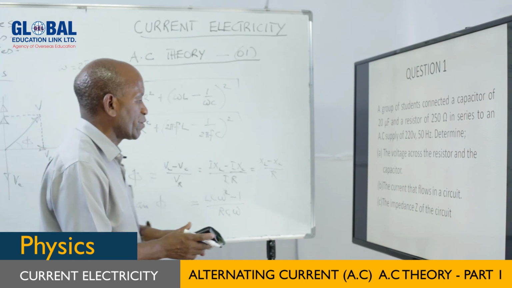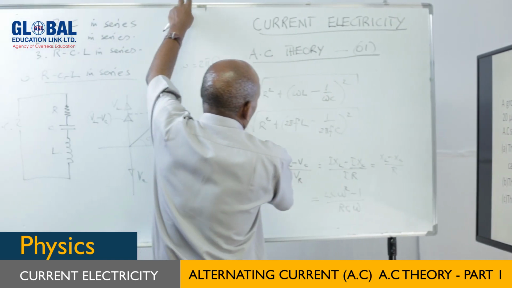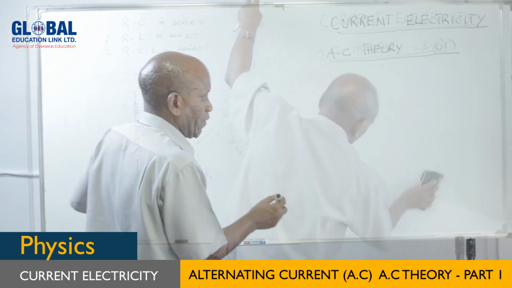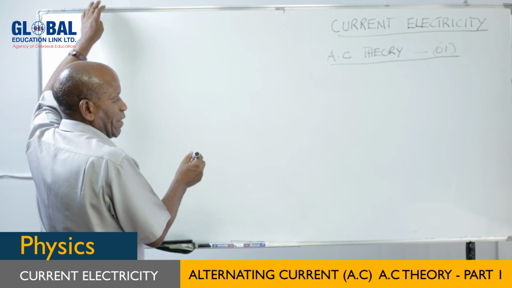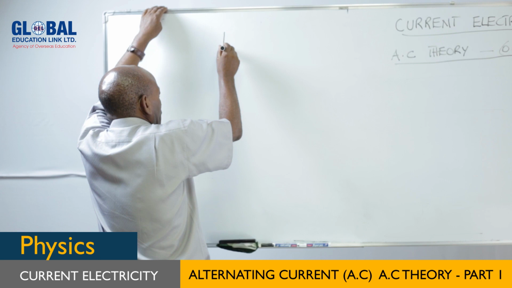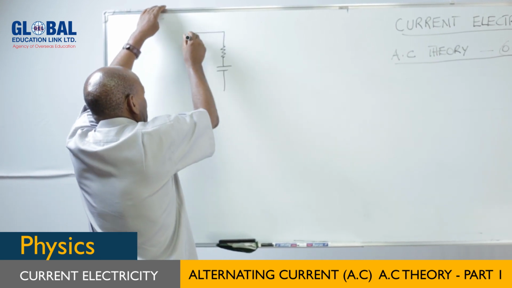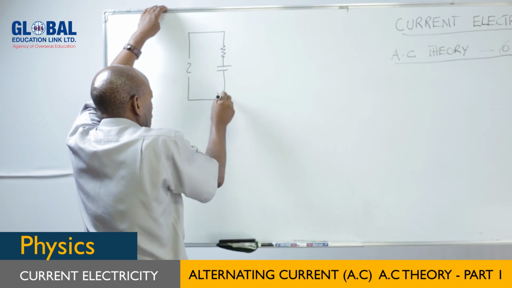The first one, part A, we need to look at the voltage across a resistor and a capacitor. So here we have a resistor and a capacitor connected in series across that particular AC source.